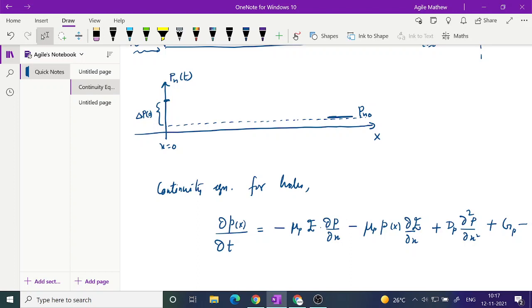But that was a different case. In that case we had a very different doping profile. On one side we are heavily doping, the other side lightly doping. So from the region of heavy doping to light doping, the electrons are moving, and as a result charge neutrality is violated, and the electric field and potential come into the scene.